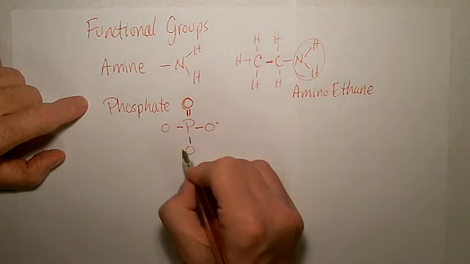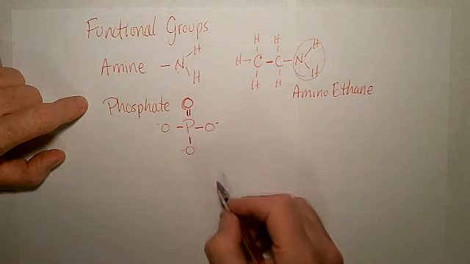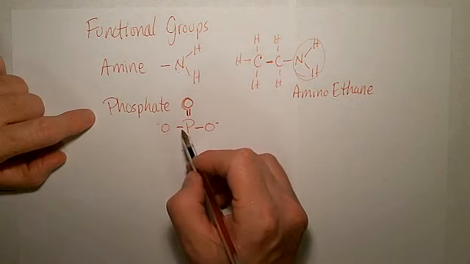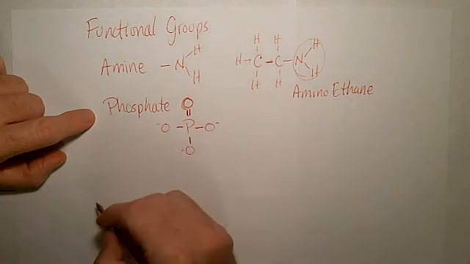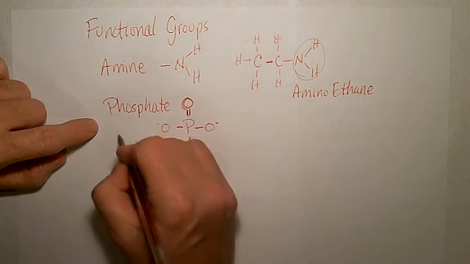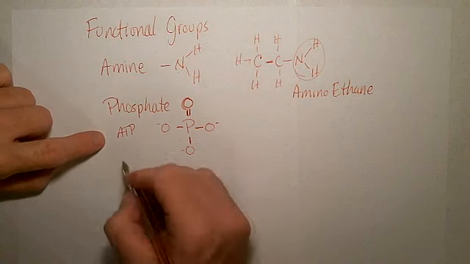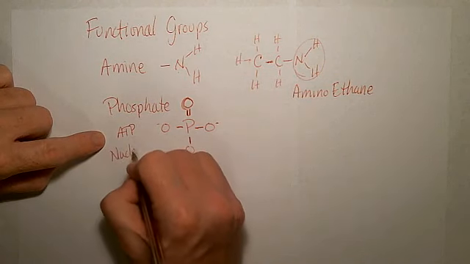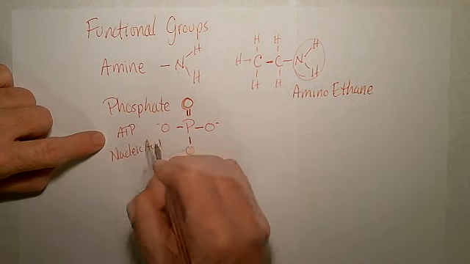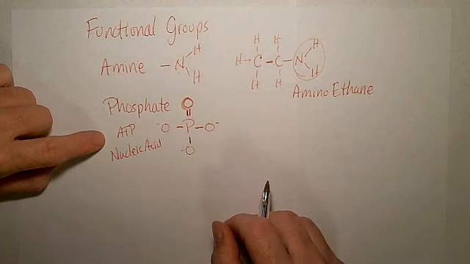These oxygens are actually very negative, and we're going to see this phosphate in 2 types of molecules that we have. One molecule is called ATP, adenosine triphosphate. The other one is the nucleic acids, one of the 4 macromolecules.